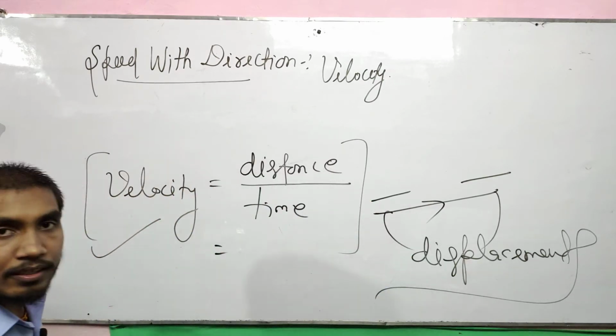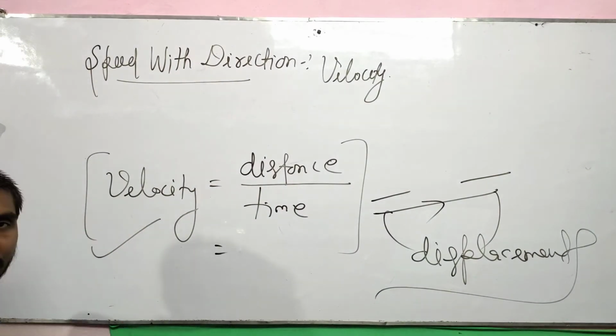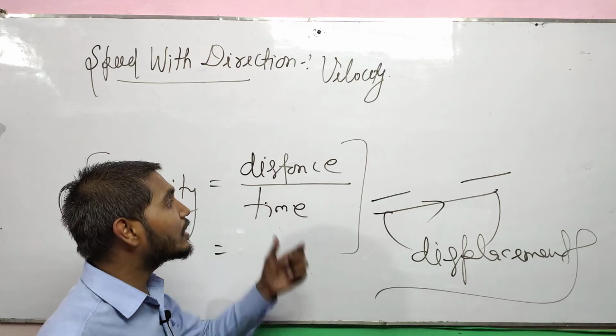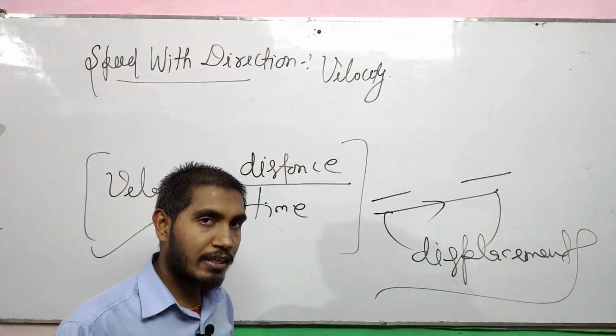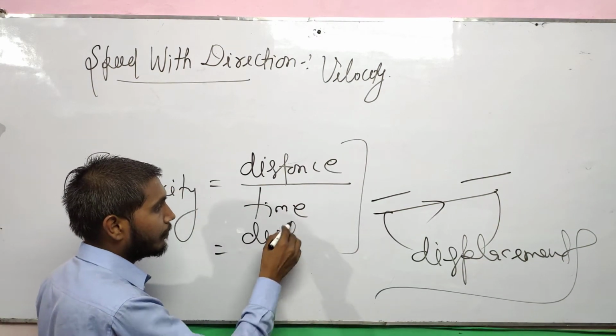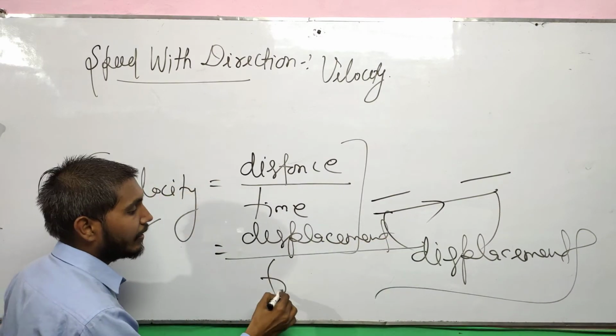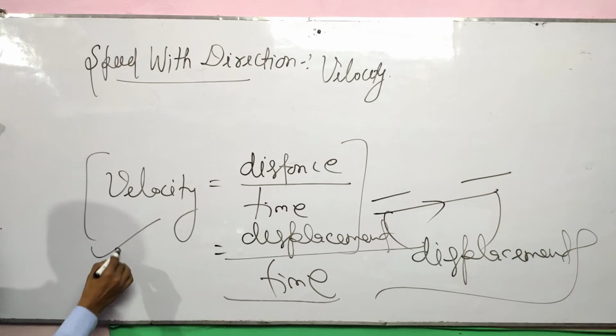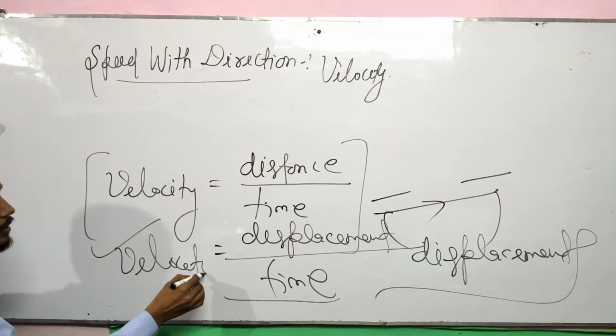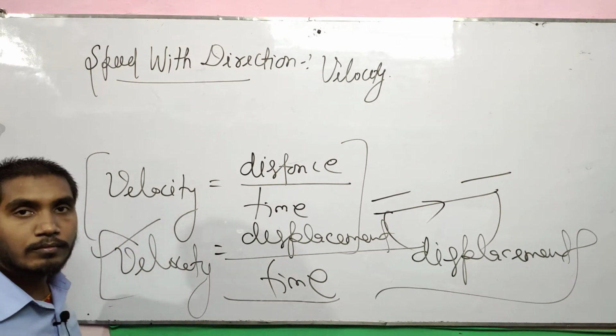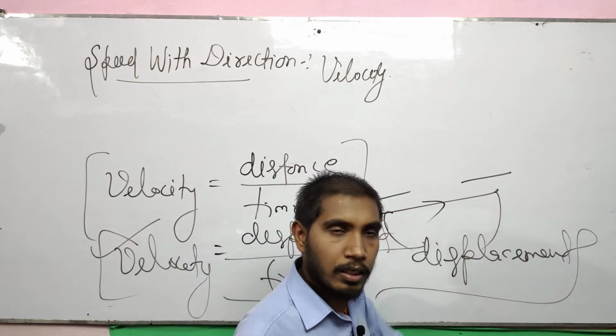So the definition of velocity is also of this type: the displacement of an object per unit time is also called velocity. Understood?